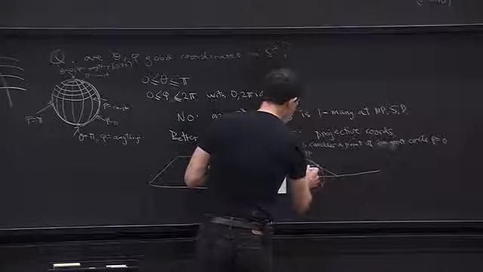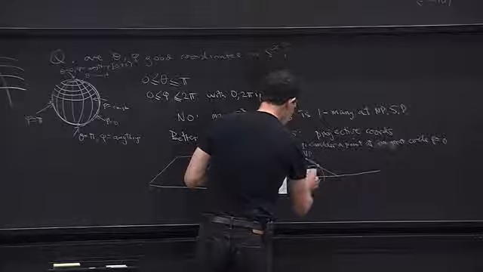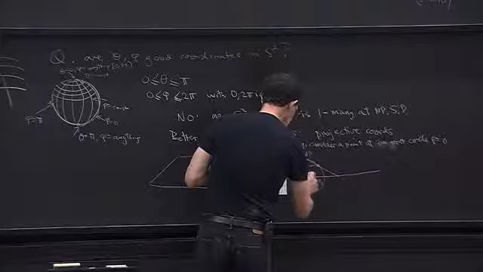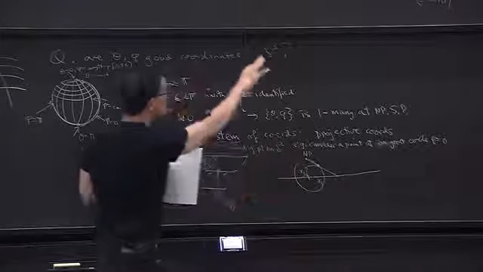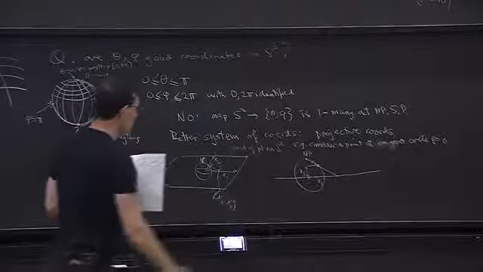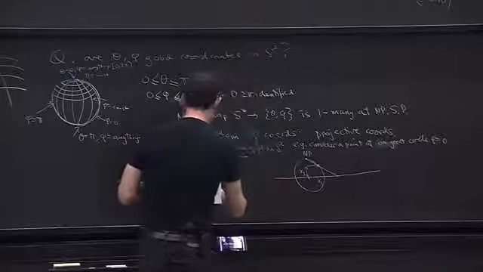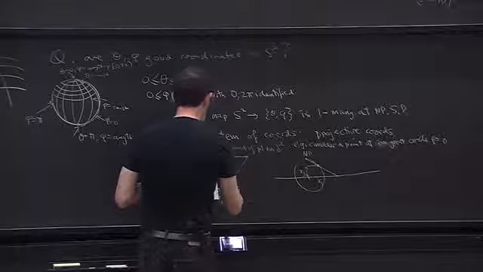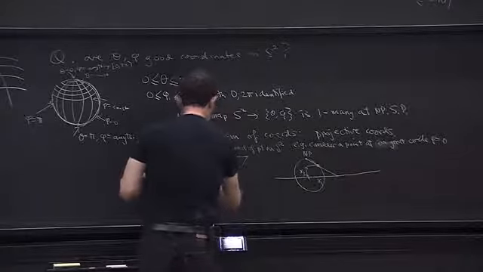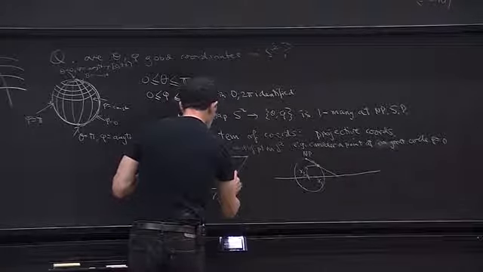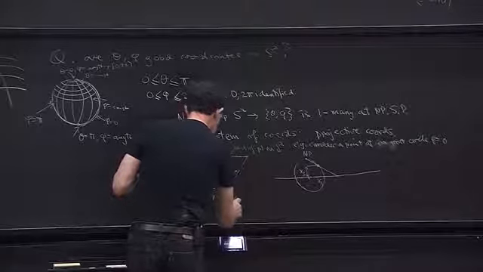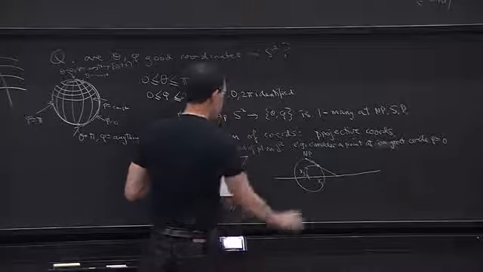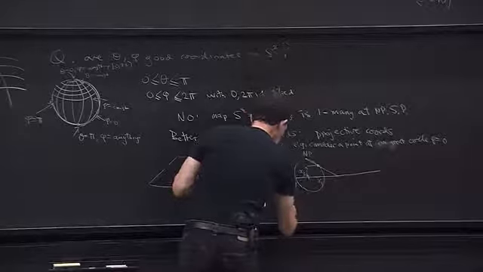The height of the point is x3. I'm using the same embedding coordinates. Yeah, I've been a bit confusing. Let me label these n now. These are the projective coordinates, these are the embedding coordinates.